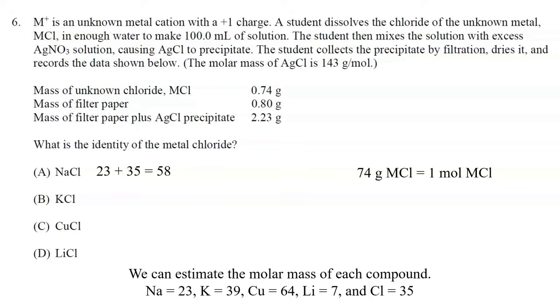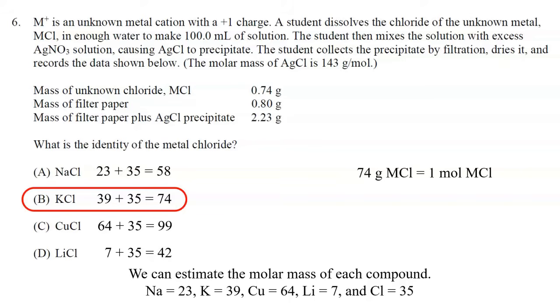For potassium chloride, that would be 39 plus 35. So I think that B is definitely going to be our correct answer, but we'll keep going. Copper chloride, that would be 64 plus 35, which is 99. Lithium chloride, 7 plus 35 is 42. So we're looking for a substance that has a molar mass of 74 grams per mole, and that makes B, potassium chloride, the correct answer.